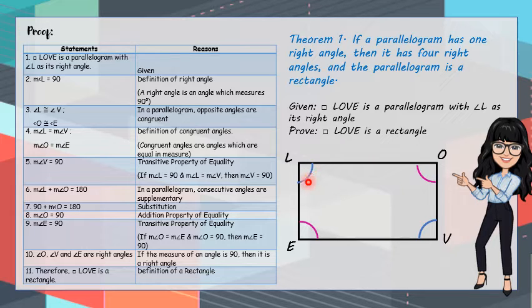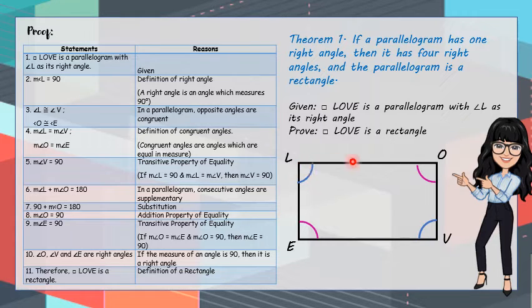So, we all know that in a parallelogram, consecutive angles are supplementary. It is very important for you to memorize or to know the different properties of parallelogram because you will be using those concepts in trying to prove theorems. So be familiarized with those properties of parallelogram, most especially.